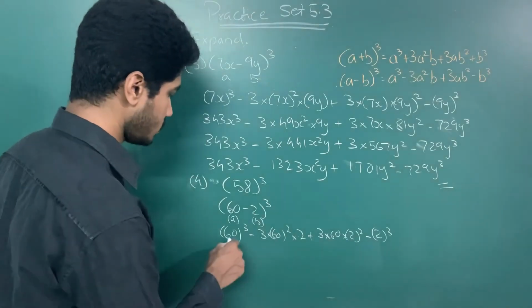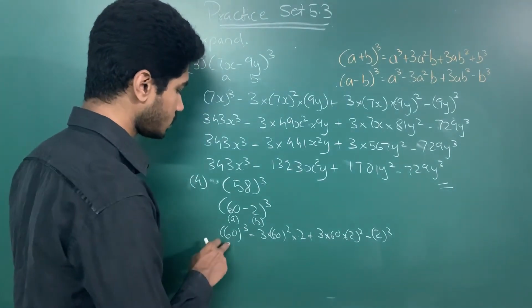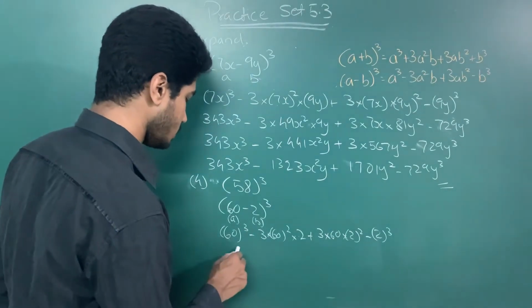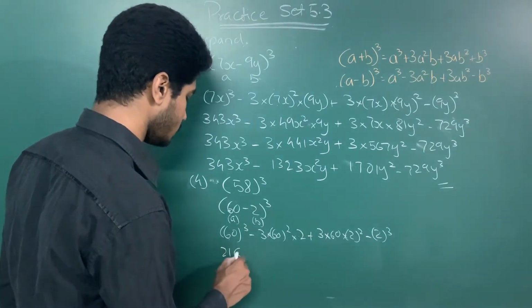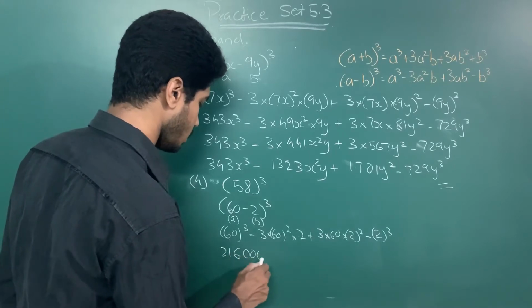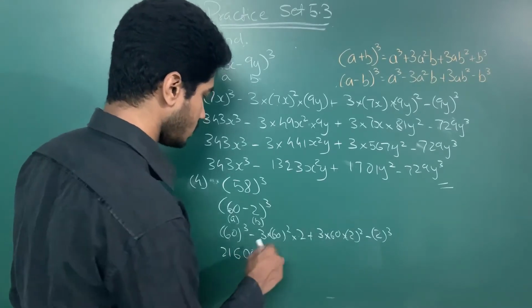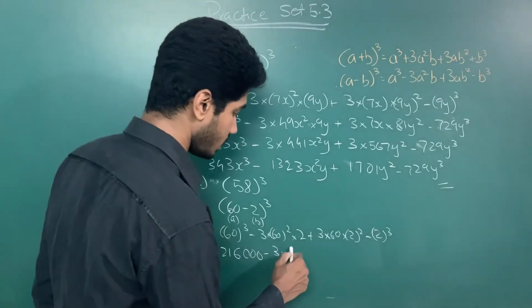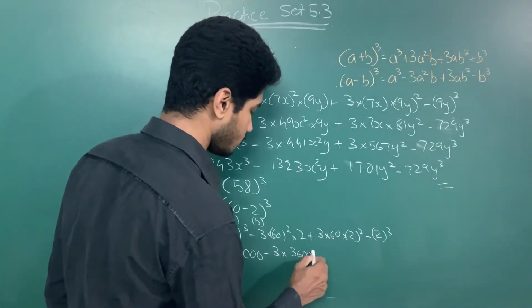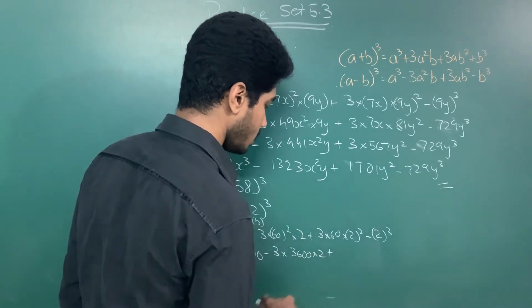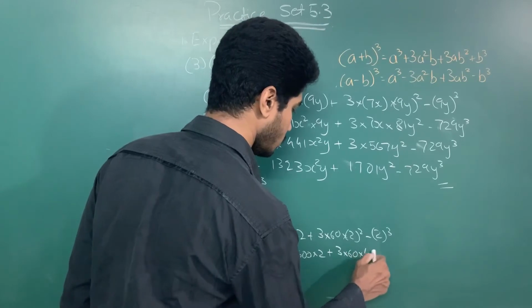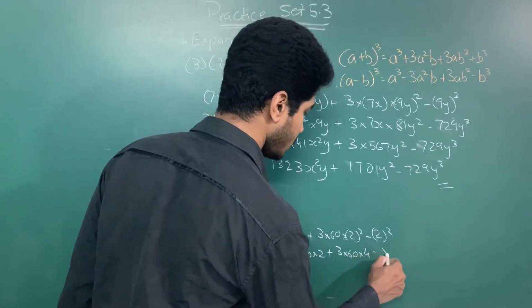Now 60 the whole cube will be 6 into 6 we know is 36, 36 into 6 is 216, so 3 zeros, minus 3 into 60 ka square will be 3600 into 2, plus this will be 3 into 60 into 4, minus 2 ka cube will be 8.